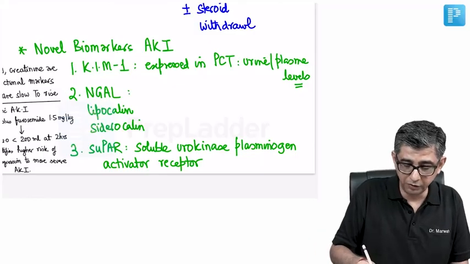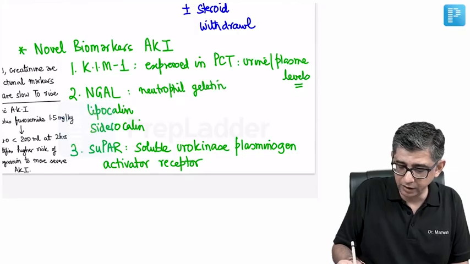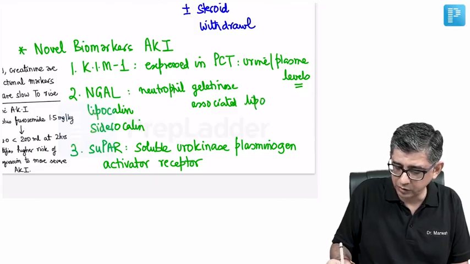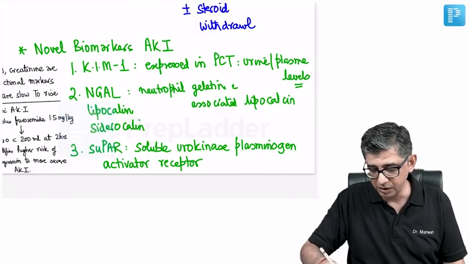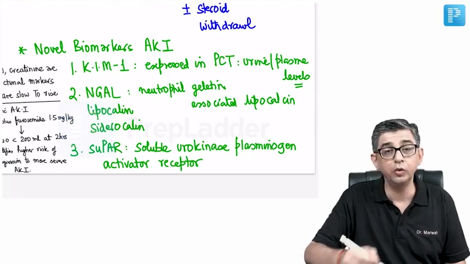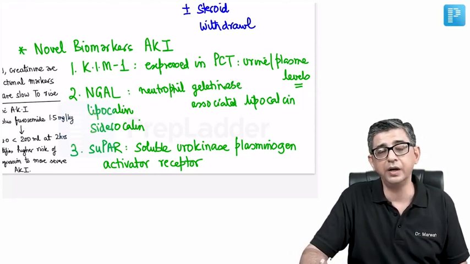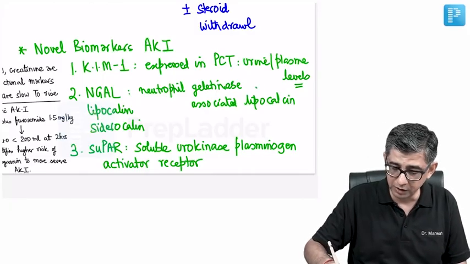Another molecule which is of interest is NGAL, that is neutrophil gelatinase associated lipocalin. When I say this long term, I mean the first time when you read about this, neutrophil gelatinase associated lipocalin, the impression is as if you're talking about some marker related to immunity. But then this is again expressed in the tubular cells of the kidney, especially the PCT, and we can go in for urine and plasma levels.